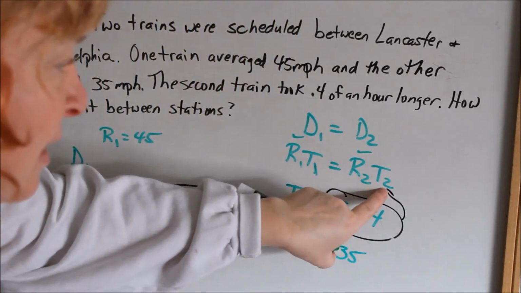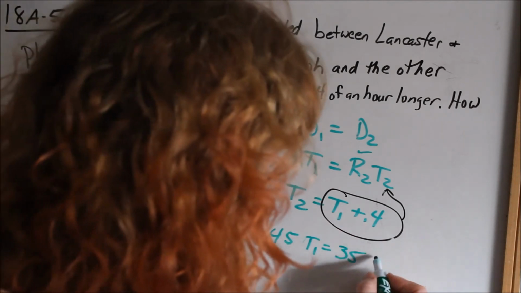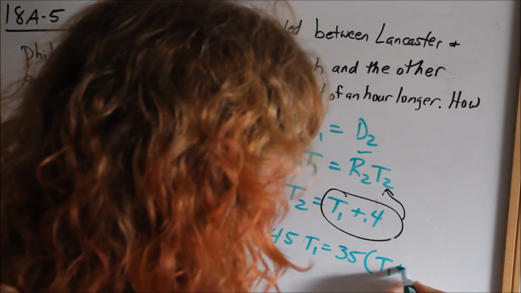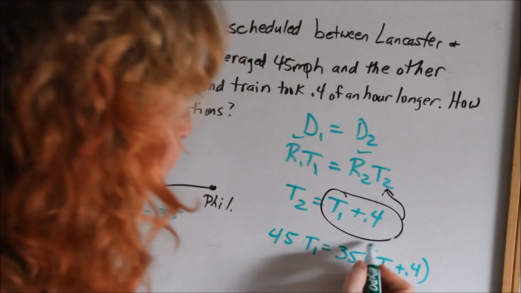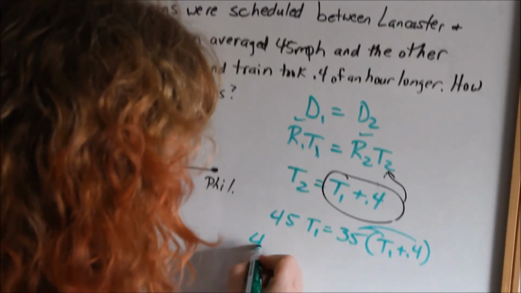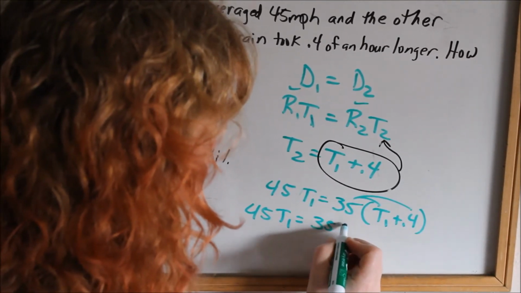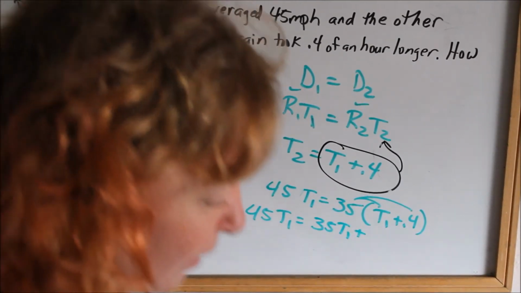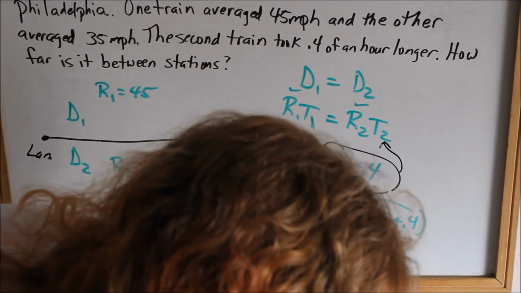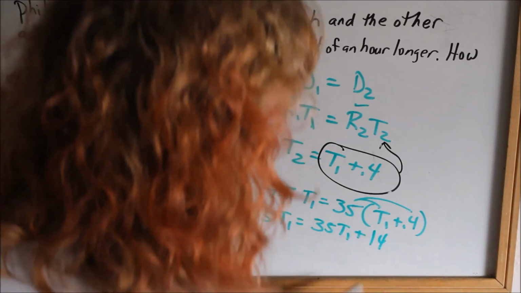And instead of writing T2, I'm going to write this whole thing, because T2 is T1 plus 0.4. Use your parentheses. Now I can use distribution. Distribute that 35. So 45 T1 equals 35 T1 plus 35 times 0.4, which came out to 14.